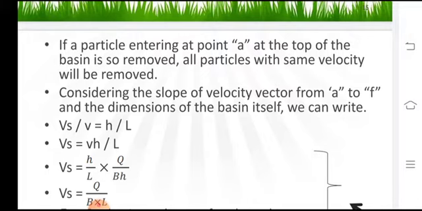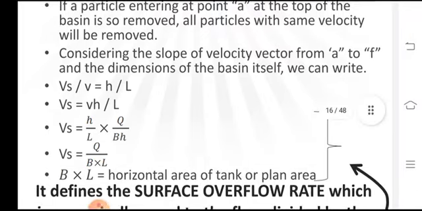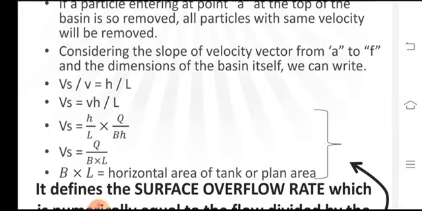equivalent sides. So by doing this, you can observe that first of all we have a settling velocity Vs, and we are taking its ratio with the other velocity, which is horizontal velocity. And then on the other side we are taking the length of the dimension of the side which is representing that velocity.